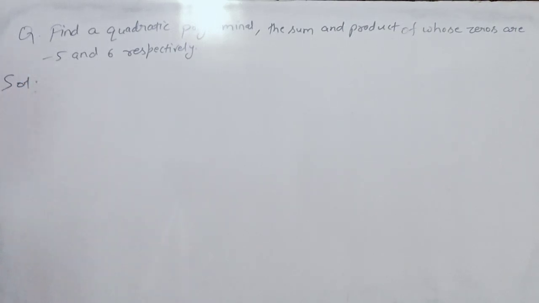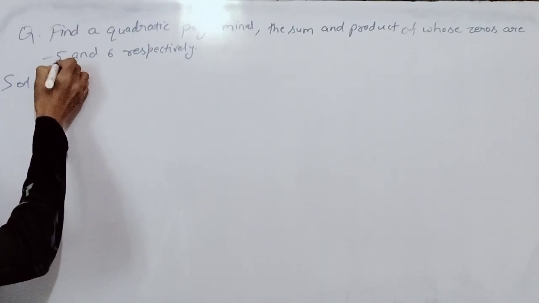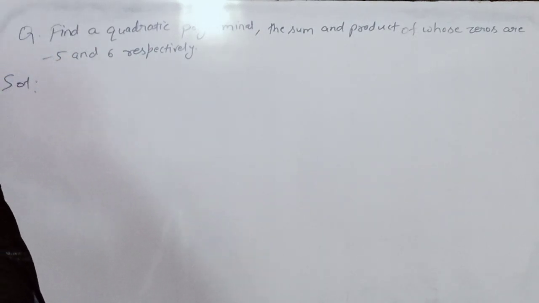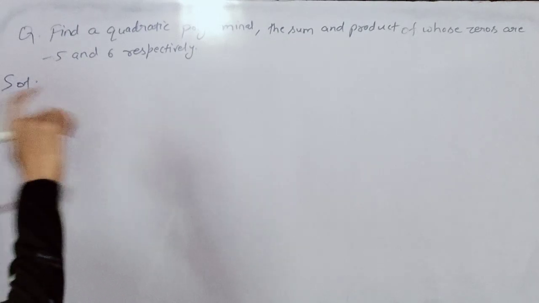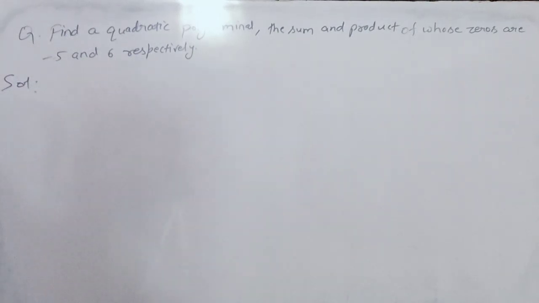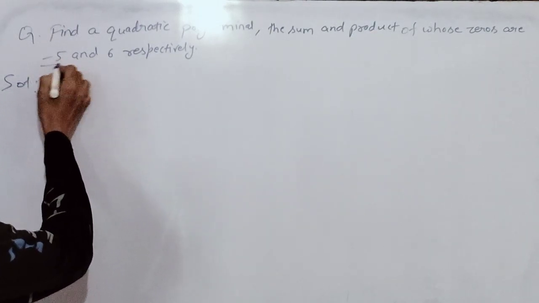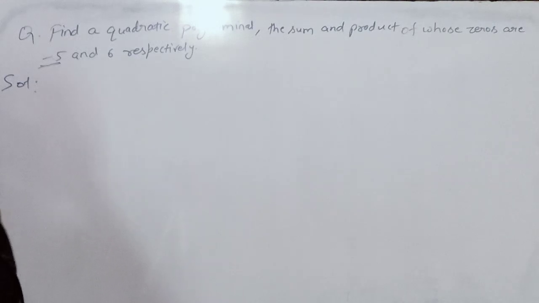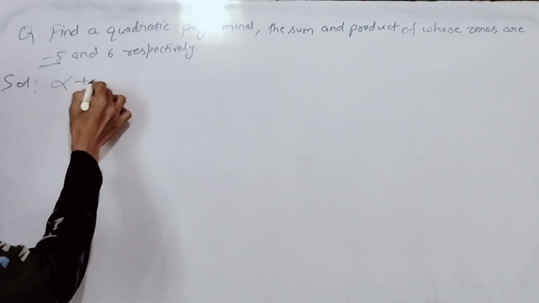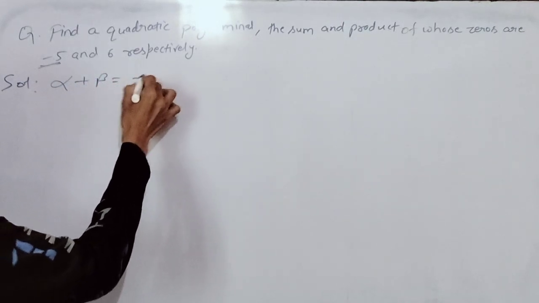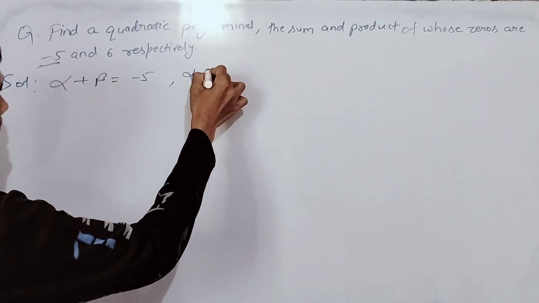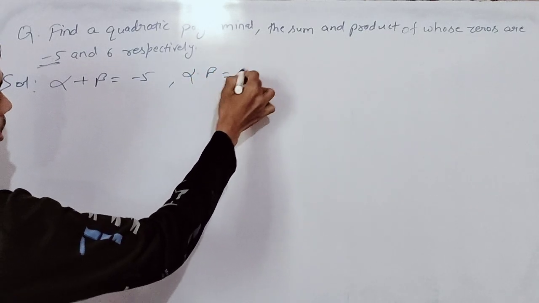So here, can we say that the zeros have a sum and a product? The sum of the zeros is minus 5, and the product is 6.